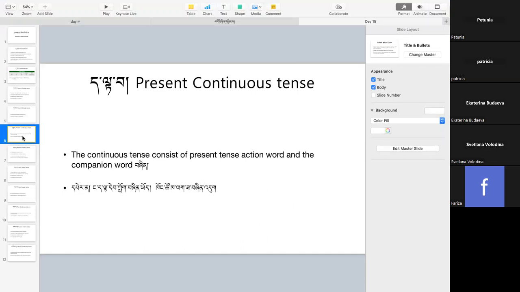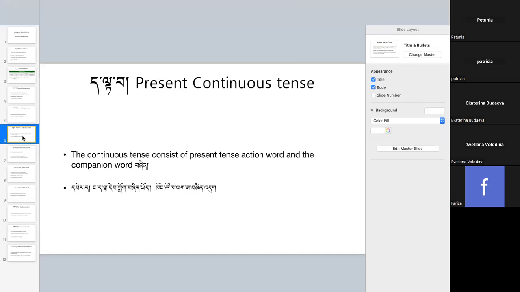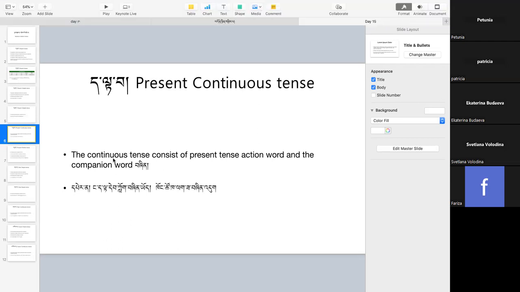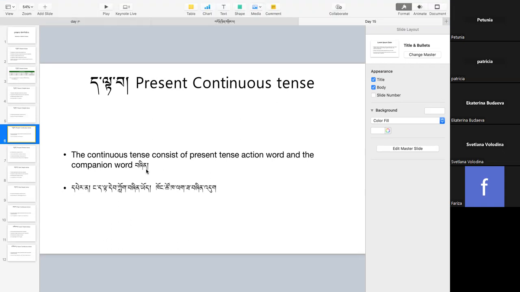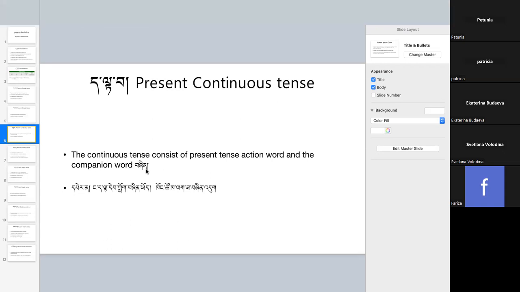So the second case in the present tense is present continuous tense. So present continuous tense consists of the present tense action word and the companion word shin. So nga tata tep lo shin yu. Kongzo nga tata tep lo shin yu. Yu for the first person.